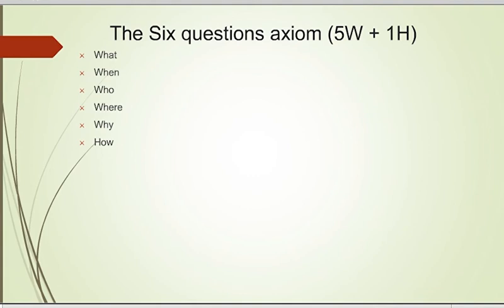If it answers only a few of these questions, so only 1 or 2 or 3 of them maybe, it is more broad. It is always preferred to have a more narrowed down title, which means that your title needs to answer as many of these 6 questions as it can.